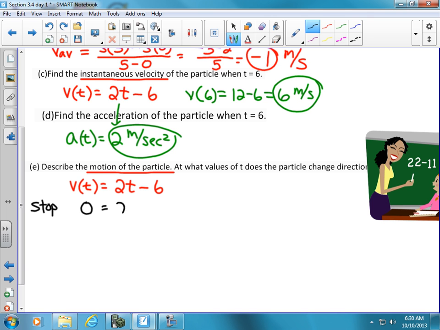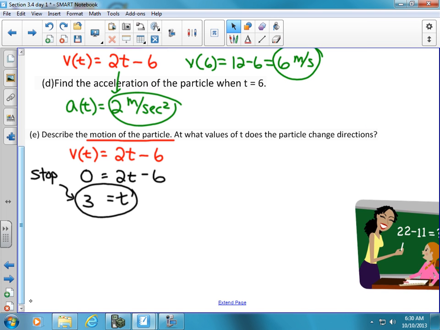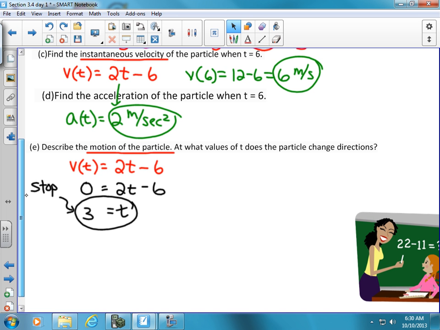For this function, the velocity is 0 at t equals 6 over 2, or at t equals 3, right? If we solve that equation, the particle is stopped at t equals 3. So what we need to know is, does it change direction? Describe the motion of the particle.